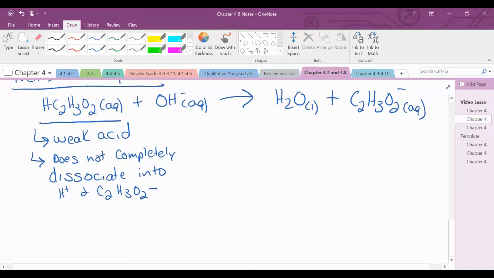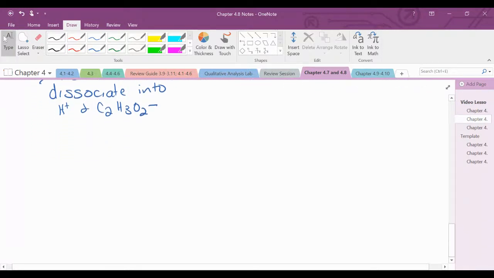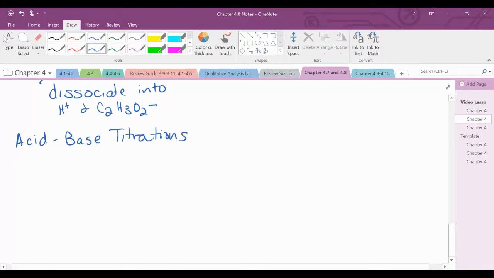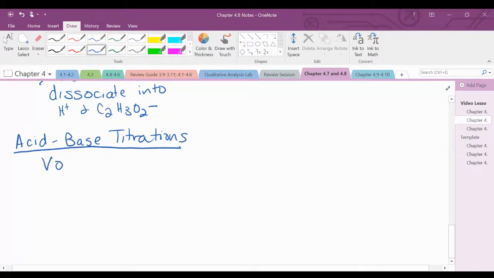So when you have acid-base reactions, you will do acid-base titrations. And we will do a titration in the second part of Chapter 4 with sections 4.9 through 4.11. In a titration, you're doing a volumetric analysis.